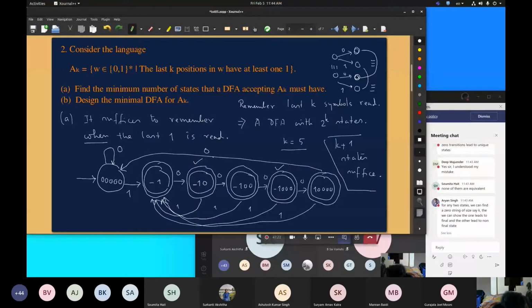For example, if I look at this state, and if I consider this string 0, 0, upon reading 0, 0, from this you are ending up in a final state. But if you start from here, then if you read 0, 0, you end up in a non-final state, this one. So this and this cannot be equivalent, right?